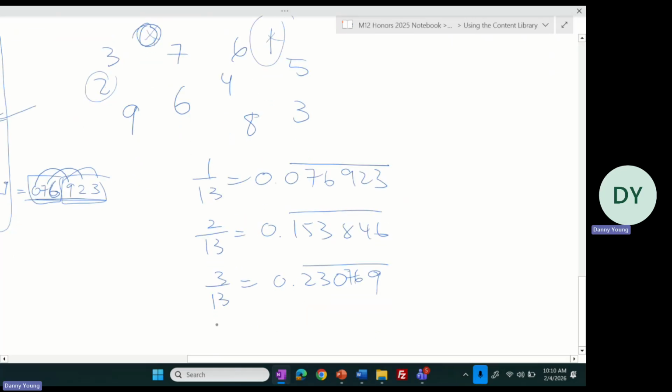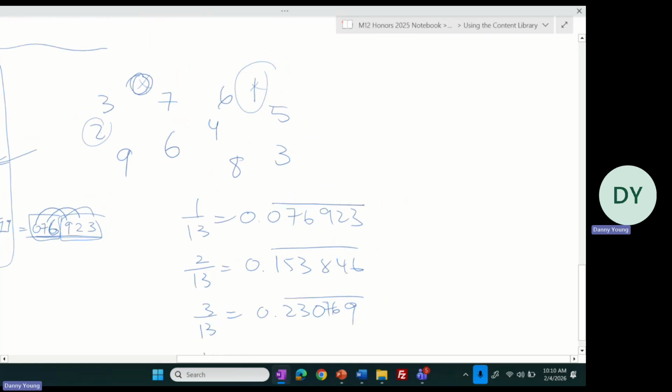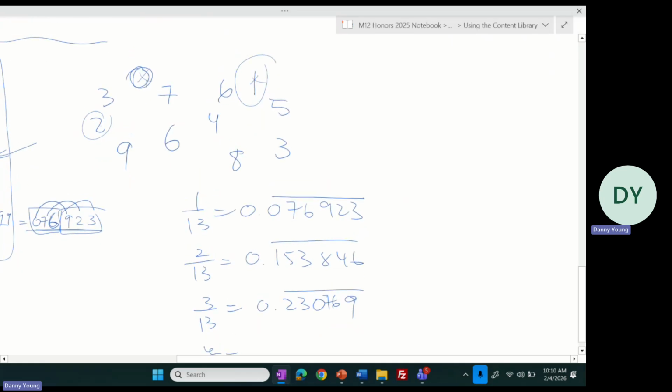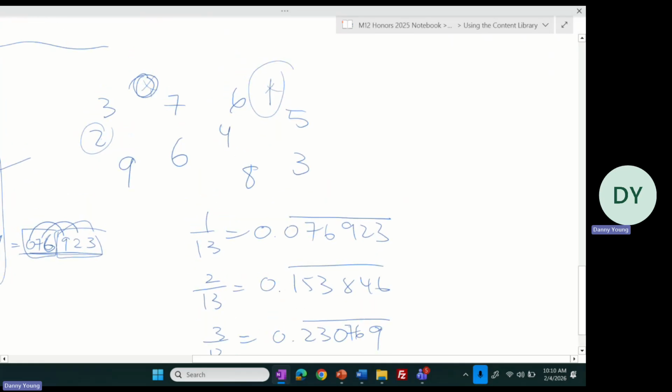Okay, next one's 4/13. Question is this: what's the next biggest number besides 2? 3. How many 3s are there? There's 2 of them, right? Here's a 3 here, and there's a 3 here. Which one's smaller, 307 or 384?